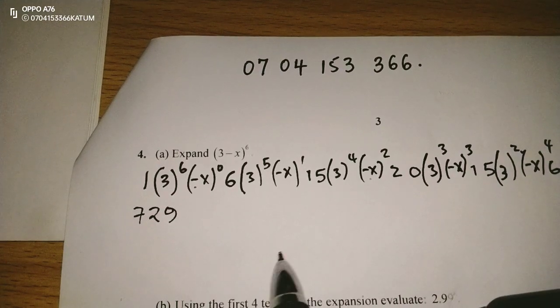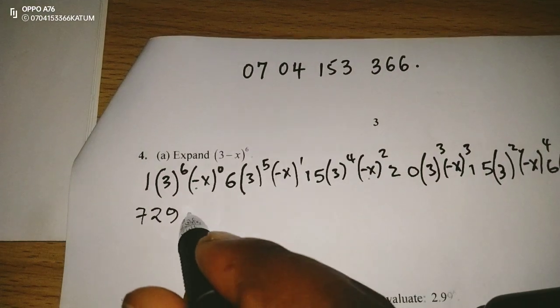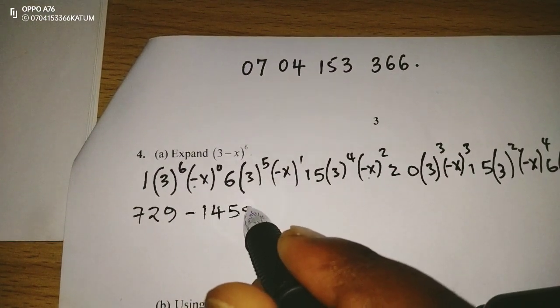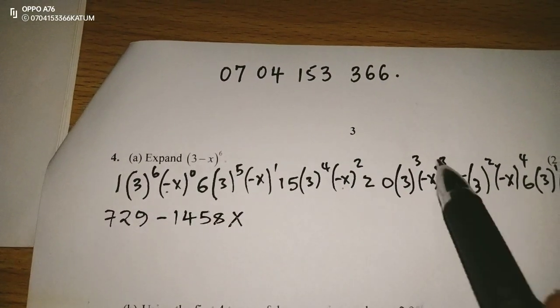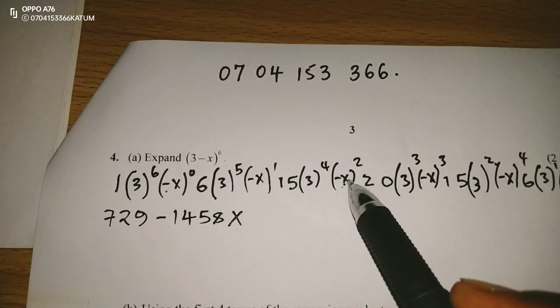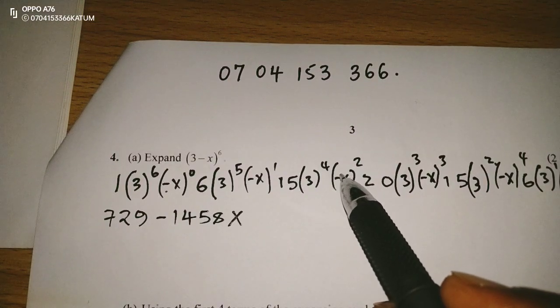So this gives us 1458. And remember, this is a negative, so we'll have minus 1458x. The next one is going to be negative x raised to 2, giving us x squared, so the negative disappears.